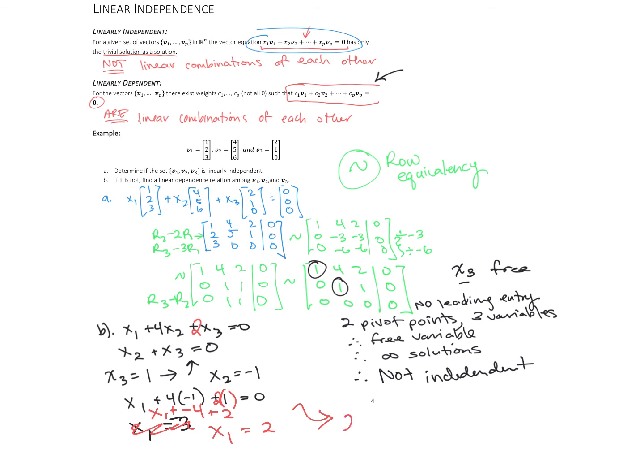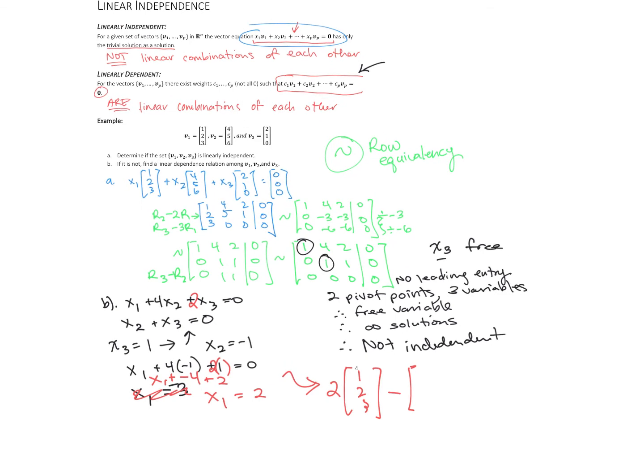That's 2 times our v1 vector, which is 1, 2, 3, minus, because x2 is -1, our v2 vector, which is 4, 5, 6, plus our v3 vector 2, 1, 0, and this should be a true statement, so this should equal 0, 0, 0.